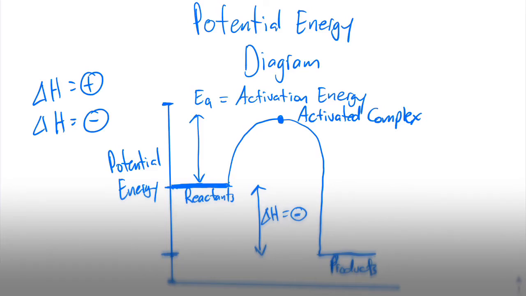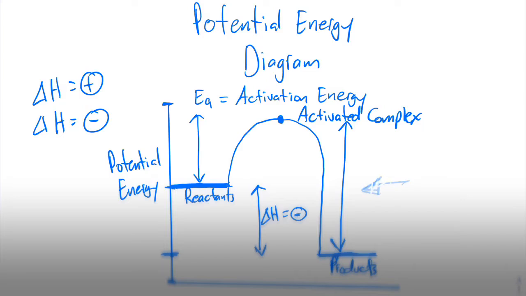Now, what's sort of a new concept for a lot of us is going to come right here. You'll notice that my products have a certain amount of energy. I could technically force a huge amount of energy into this and recreate my reactants. I could get this reaction to go in reverse if I provide enough energy.